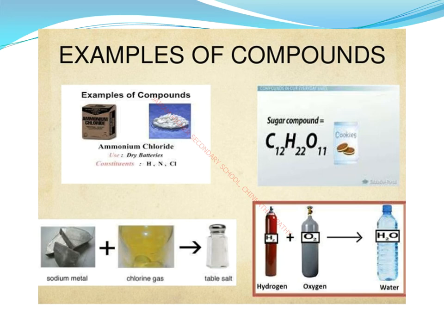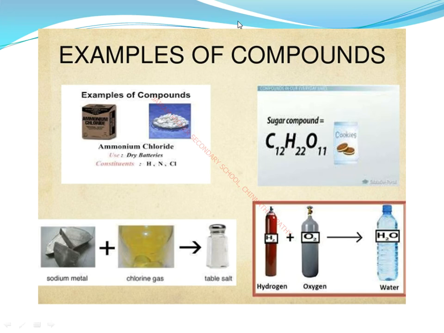So why do we say this is a molecular formula? Because it contains three elements which are combined together. Combined means joined together, and they form a compound. Which compound? Sugar compound. So what are the three elements? 12 carbon, 22 hydrogen, as well as 11 oxygen.